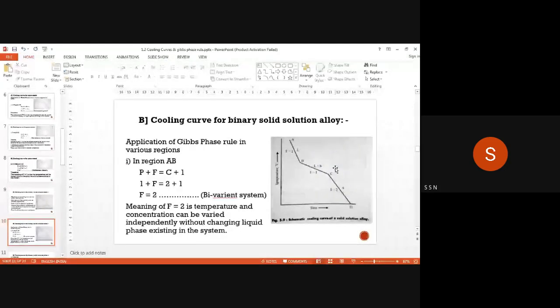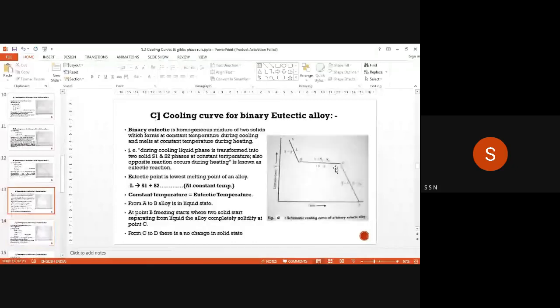The third type of cooling curve you are seeing is the cooling curve for the binary eutectic alloy. We have seen in the last lecture what is meant by eutectic. A binary eutectic is a homogeneous mixture of two solids which forms at a constant temperature during cooling and melts at a constant temperature during heating.